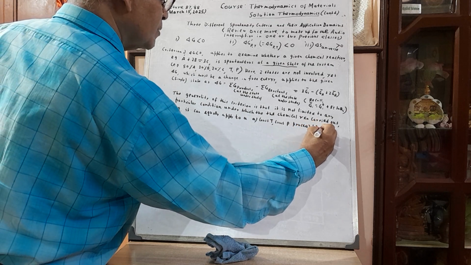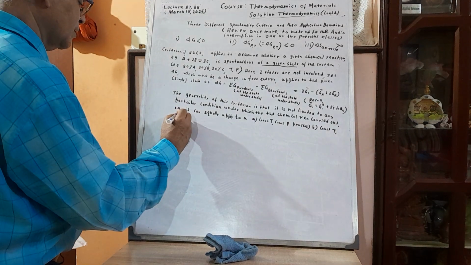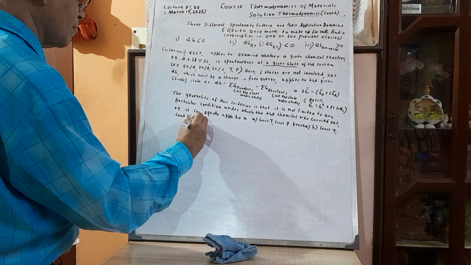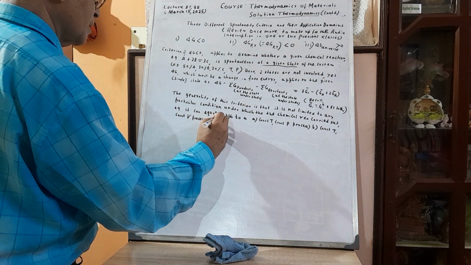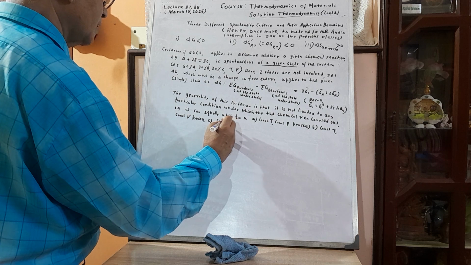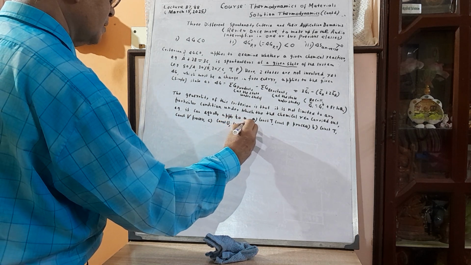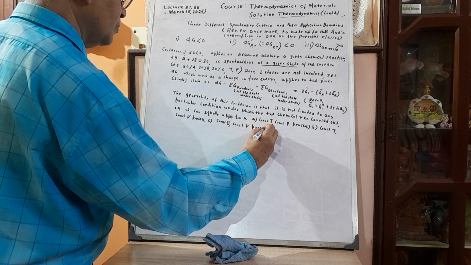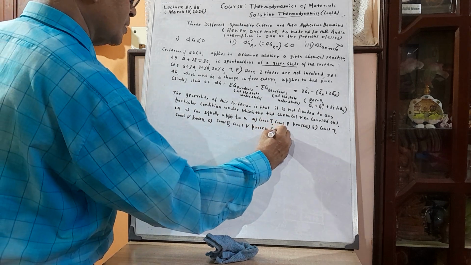B, constant temperature, constant volume process. C, constant internal energy, constant volume process, which we know as isolated system.